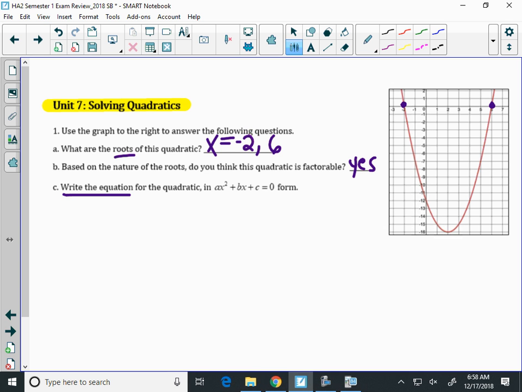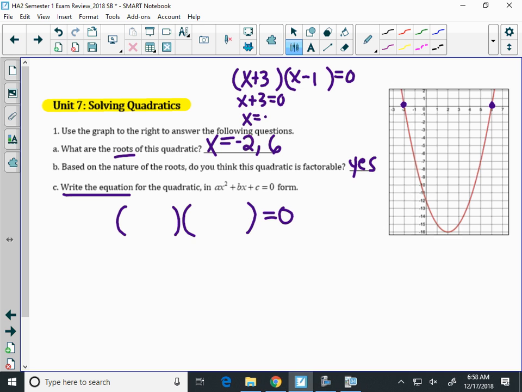If you remember, we did a couple of these. If I know that the roots are -2 and +6, I am able to write the factored form for this quadratic because I know those roots. Well, remember, whenever I have the zero product law, if I have factored form like x plus 3, x minus 1, you would set each factor equal to 0 and solve.